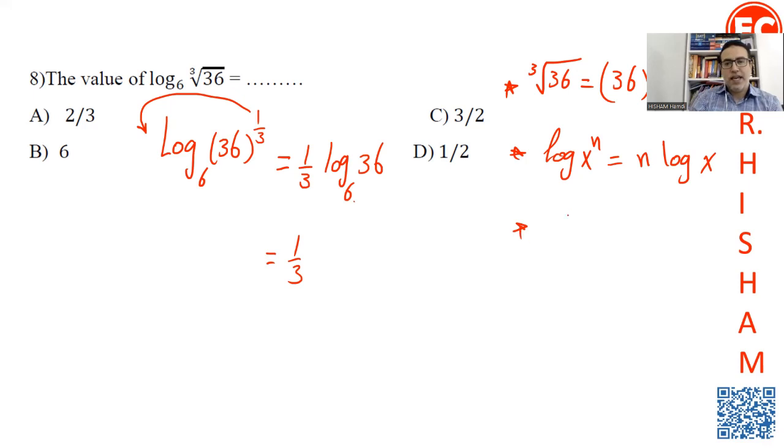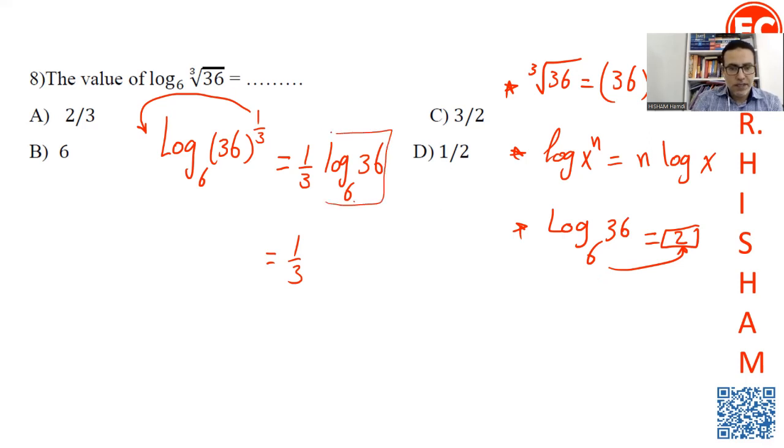Of course, all of you know it is 6 to the power of 2. So the log is equal to 2. So it's one third multiplied by 2, which is equal to 2 over 3. So the answer is 2 over 3.